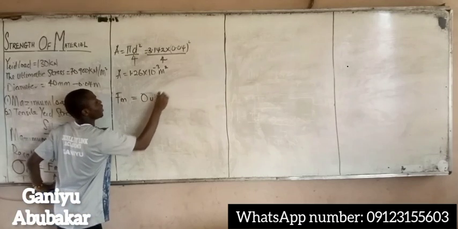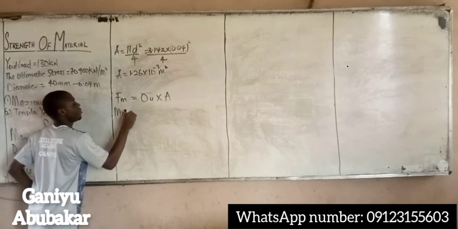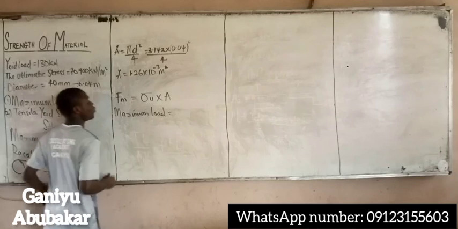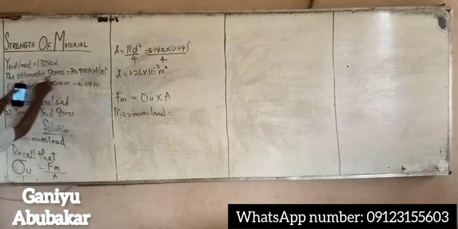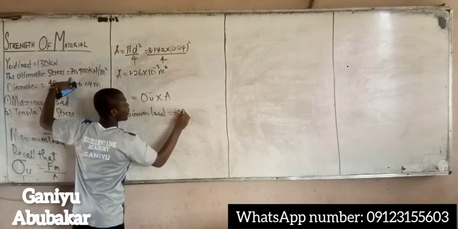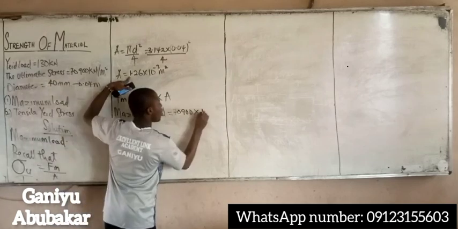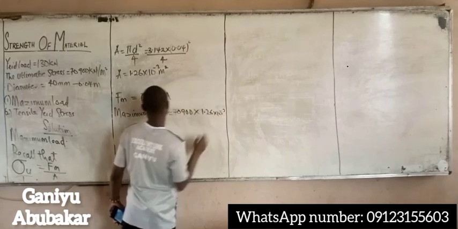Ultimate stress, I'm given, is 7,900, multiplied by area, 1.26 times 10 to the power minus 3.